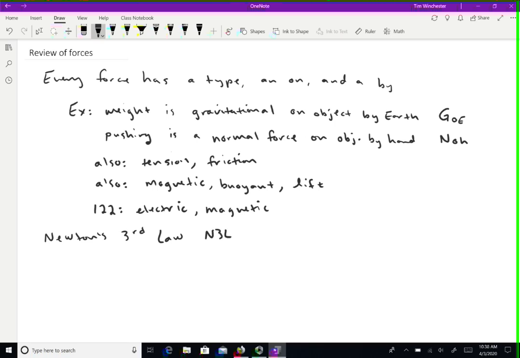What Newton's third law tells us is that if there's some force with a particular type that is on object A by object B, then there always, in every circumstance, has to be another force that is in the opposite direction and the same type, and the on and by are switched.